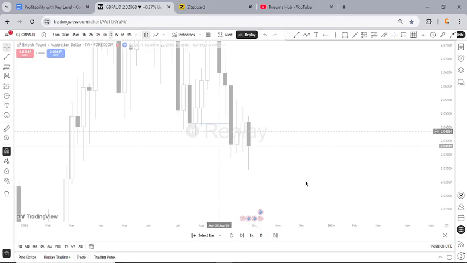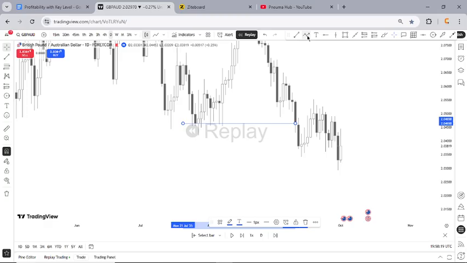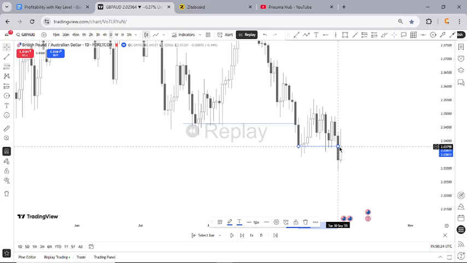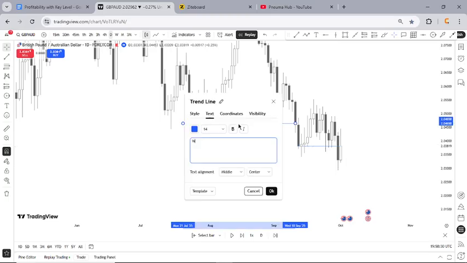Now the recent breakout on daily also is to the downside here. Remember, this one is the recent breakout on weekly. This is weekly breakout, and this is daily breakout.